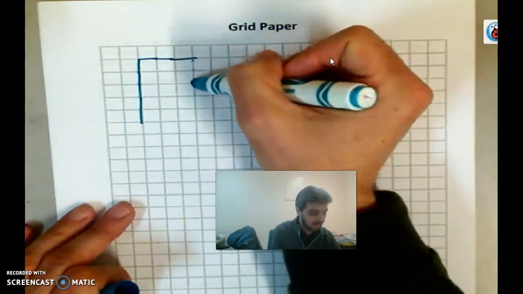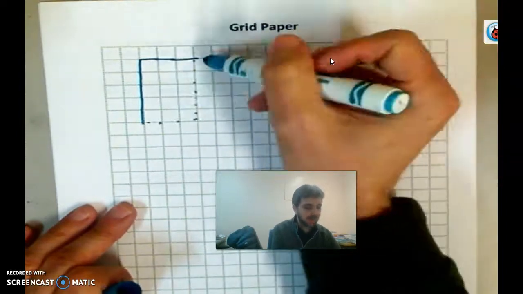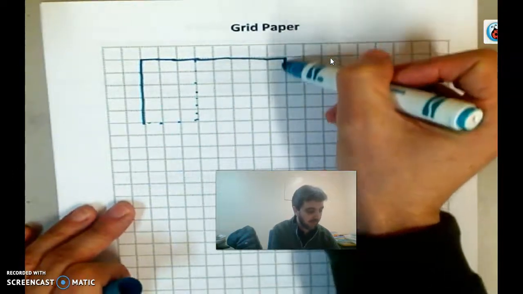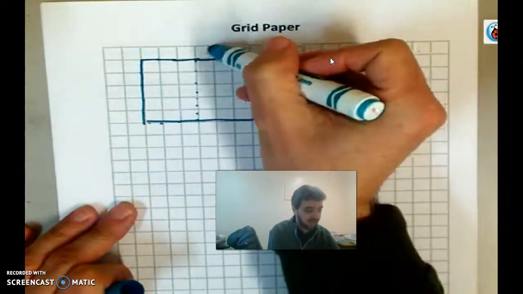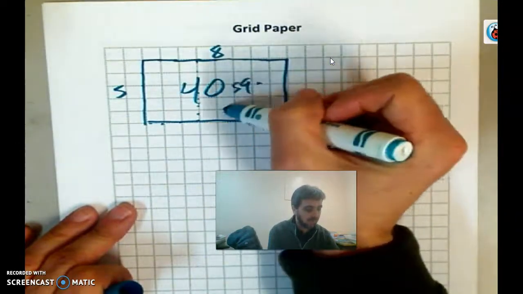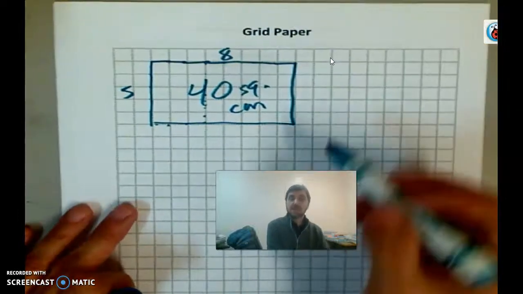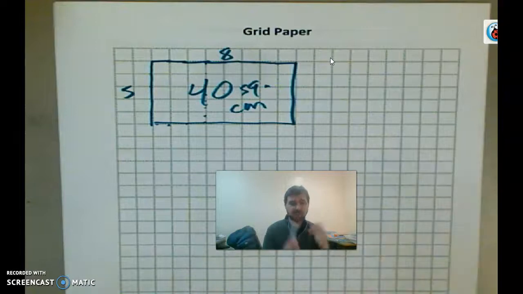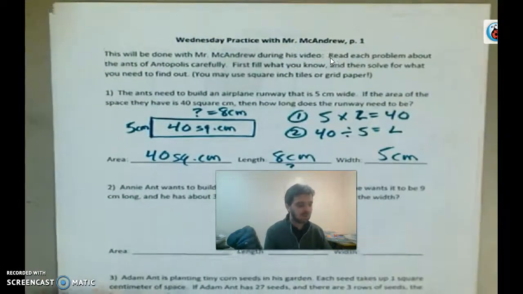If I just did it like this, that would give you only 15, 20, 25, 30, 35, 40. And you'll see that the length is 8 and the width is 5 and the area is 40. So if using the grid paper is helpful for you, then please do it, especially if your division facts are still kind of rusty.